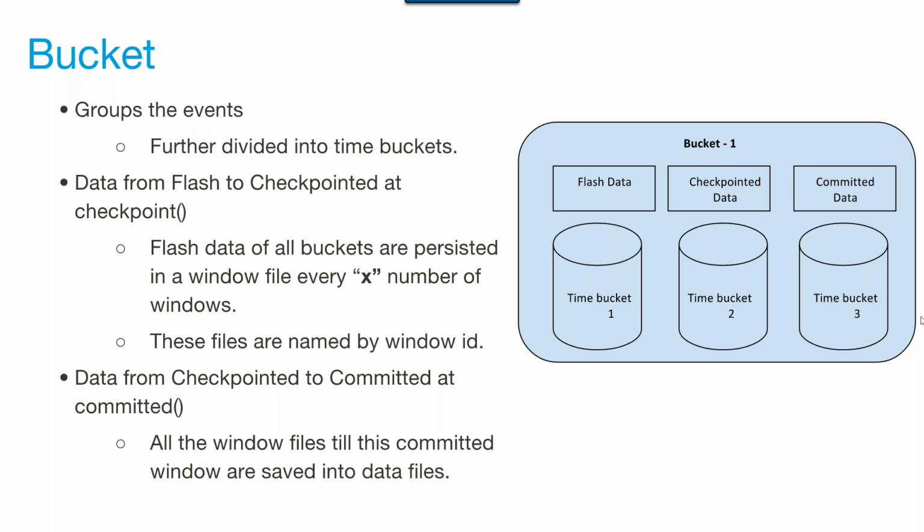These files are named with the window ID. At every commit, the data moves from checkpointed to committed. Also, all the window files up to this committed window are saved into the data files.